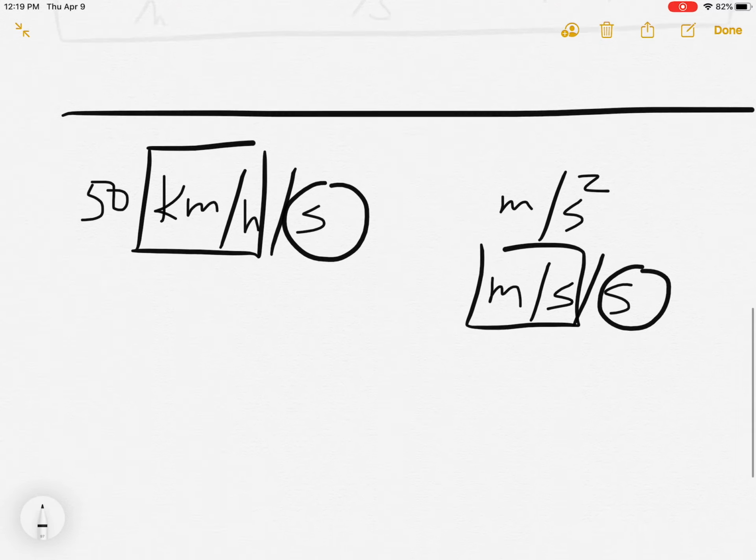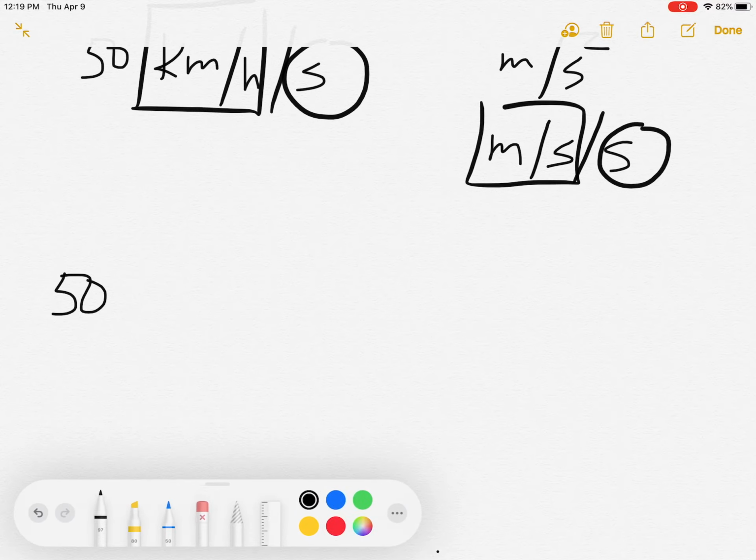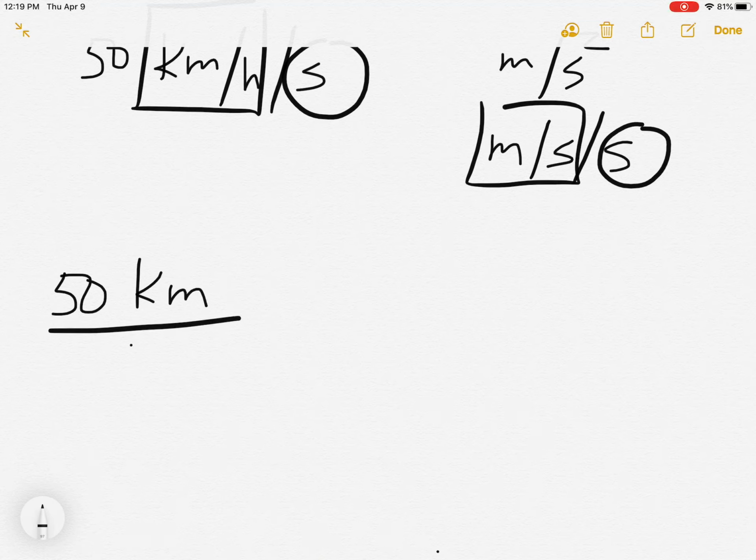All we got to do is change the top to meters per second. So we can write 50, and I'm just going to work with the kilometers per hour. I don't need to worry about the bottom, right? In fact, I'm going to write that as a fraction, 50 kilometers per hour. I'm going to just remember that we have that extra seconds on the bottom there that we're not worrying about.